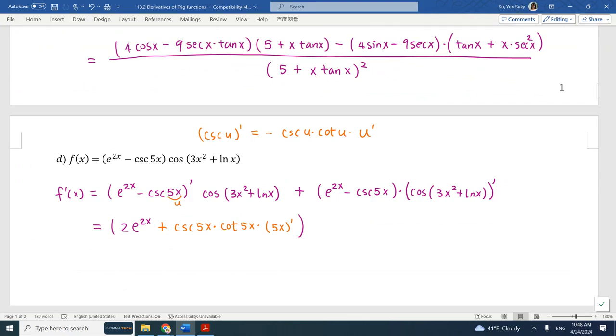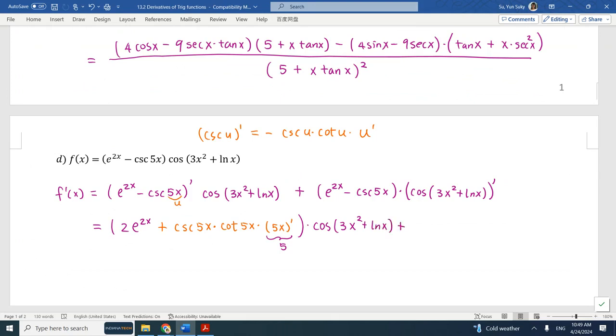Everybody? If you're familiar with that, you know what is 5x prime? Yeah, exactly. So if you're familiar with that, you can just put this guy times 5. Okay? And the next factor, we don't need to do anything to it. So we copy down.